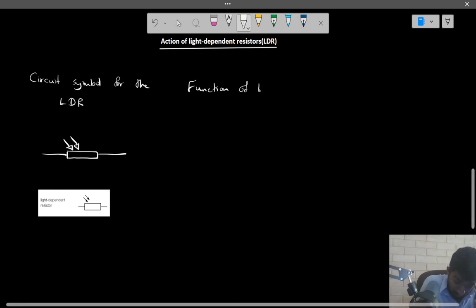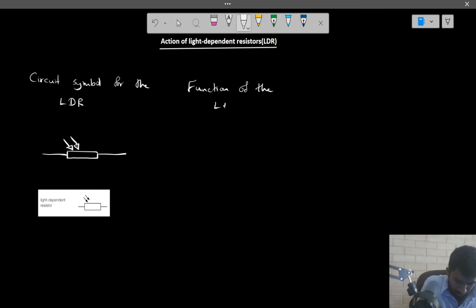The function of the LDR, light dependent resistor, is that when the light intensity, or the amount of light energy, increases, resistance decreases. So I'm repeating it again: when the light intensity falling on the LDR increases, resistance decreases.